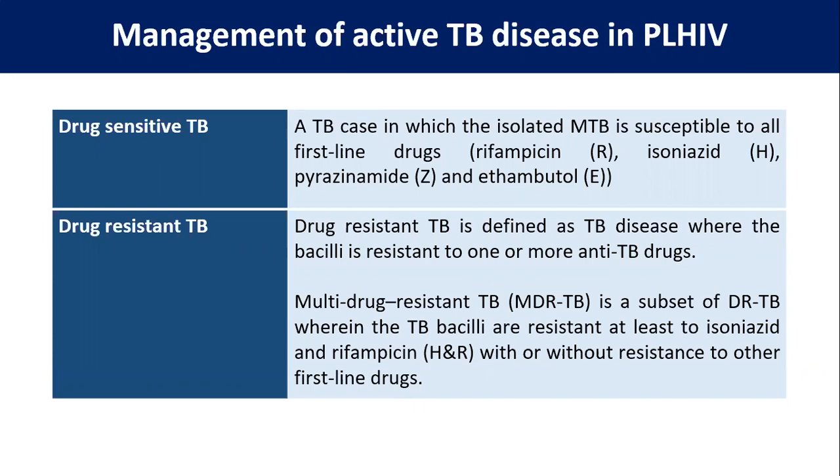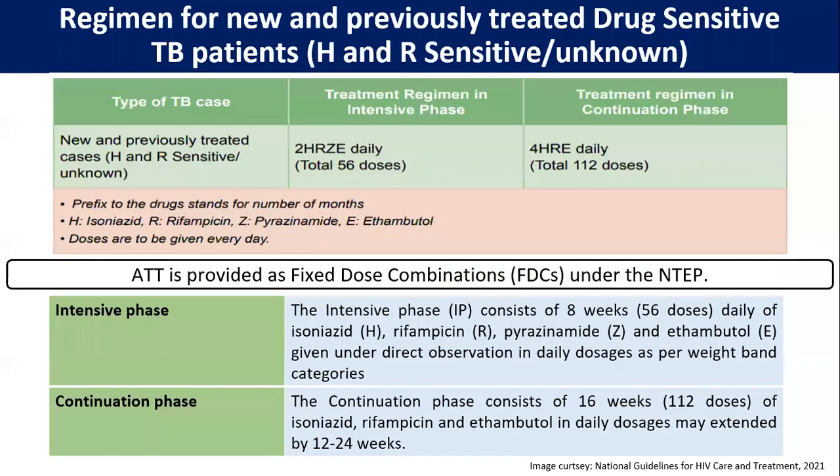Now, MDR-TB is a subset of DR-TB where the TB bacilli are resistant at least to isoniazid and rifampicin, with or without resistance to other first-line drugs. Now, the regimen for new and previously treated drug-sensitive TB is, we all know, 2 HRZE and 4 HRE, to be taken once a day.